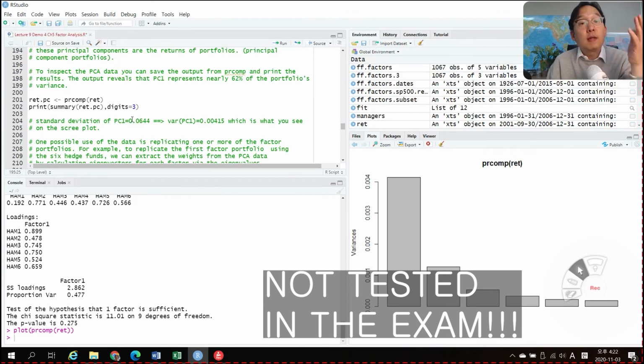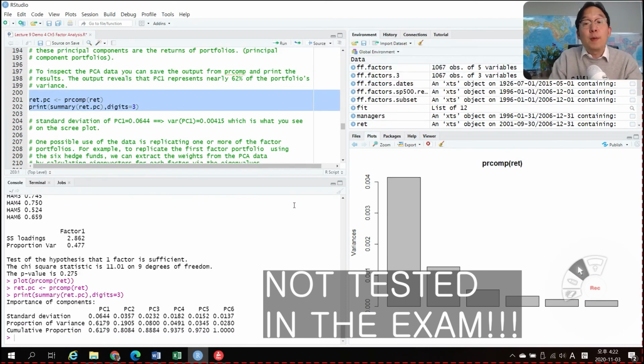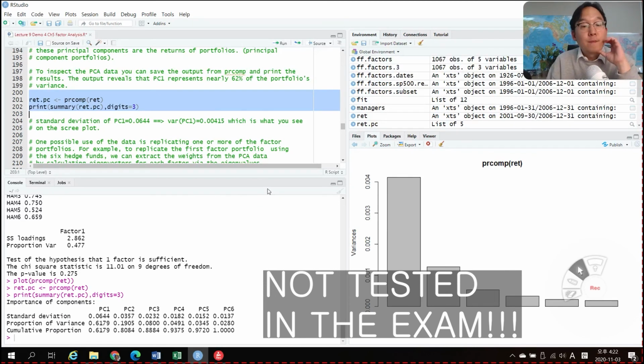To inspect the PCA data, you can save the output from prcomp and print the results. The output reveals that PC1 represents nearly 62% of the portfolio's variance, like what you see on the table: PC 1, 2, 3, 4, 5, 6, and then standard deviation, proportion of variance, and cumulative proportions. You see this, right?